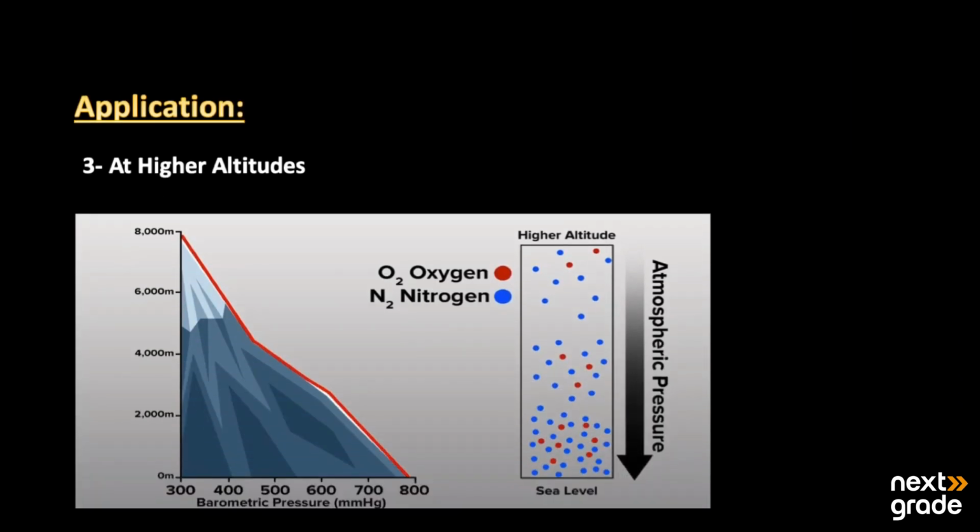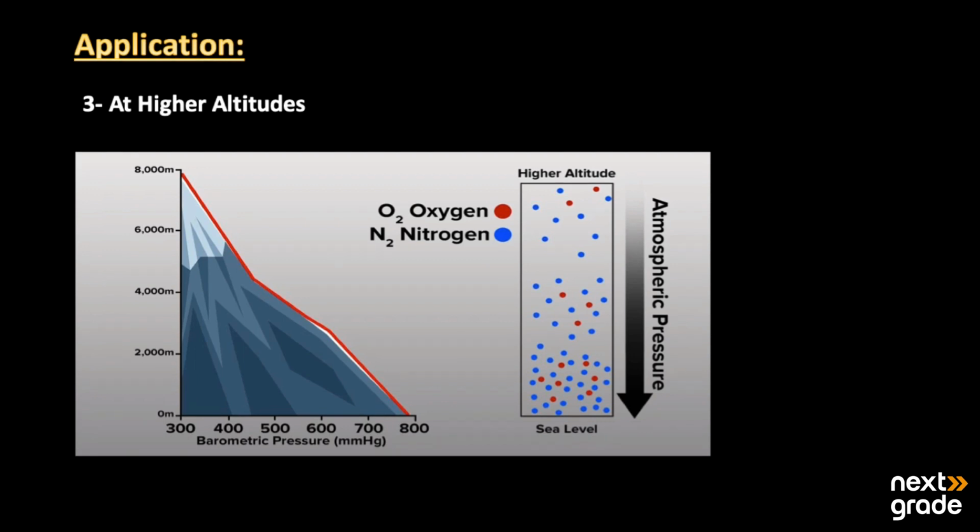Next, the third application is at higher altitude. As we move to higher altitude from sea level, in the picture the red dots are oxygen gas and the blue dots are nitrogen gas. As we move upward, we see that the atmospheric pressure reduces, or the partial pressure of oxygen also reduces.